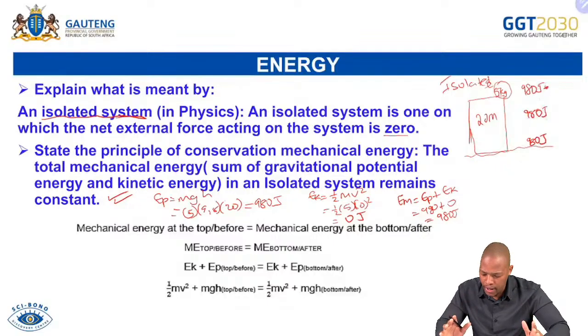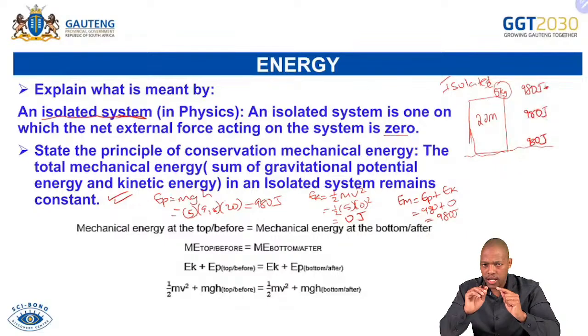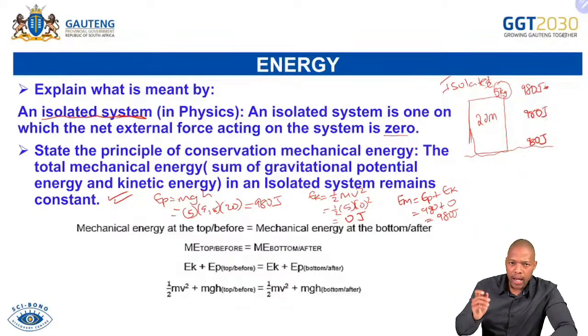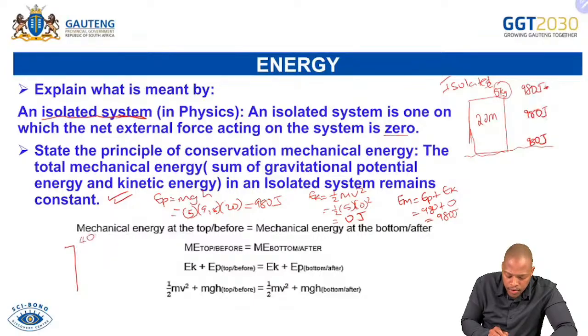The only thing that will change in this case, grade 12, will be the gravitational potential energy and the kinetic energy. Let's talk about it. So let's use a different example to make my math easier. Let's say the mechanical energy here was 400 joules while the ball was resting.